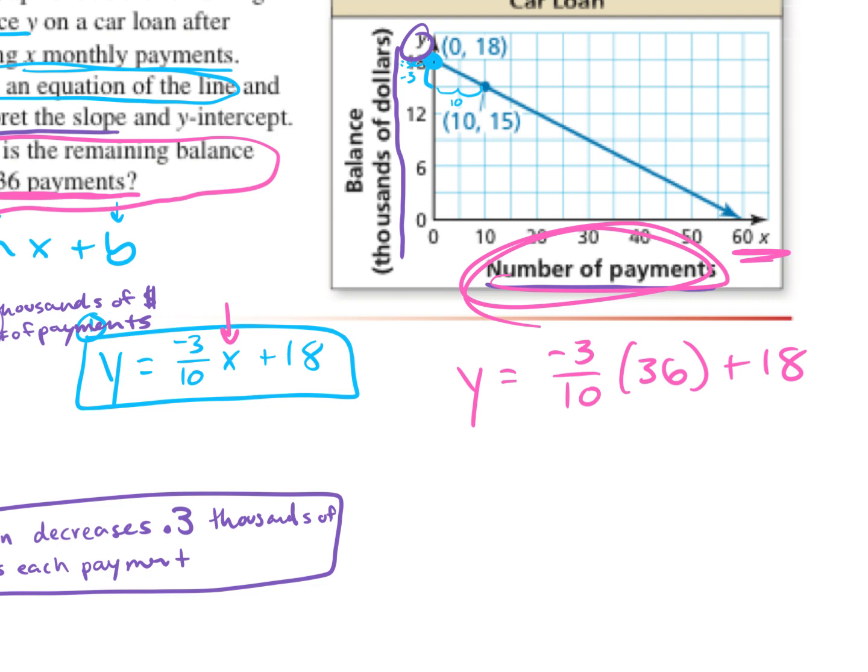So here we have 36 times -3 divided by 10 would give us -10.8 plus 18. So that would be 7.2. So the remaining balance after 36 payments would be $7.2 thousand.